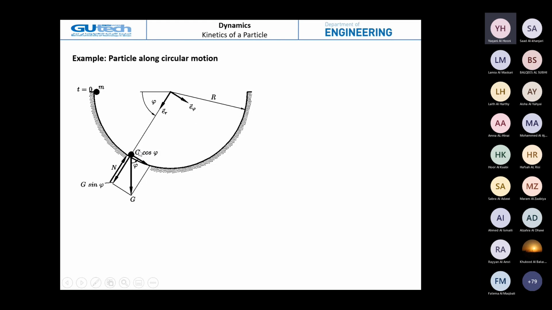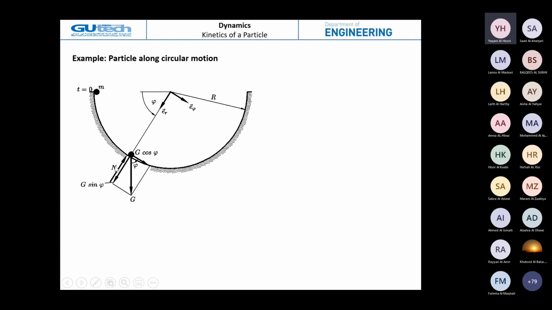Then, if we look now at the weight of this particle, the weight is only G, the mass multiplied by the gravitational acceleration.